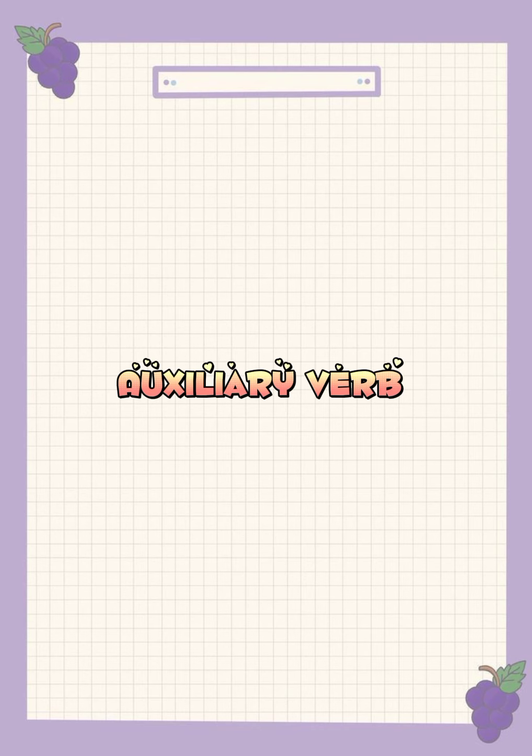Now, if there is an auxiliary verb, a helping verb in your sentence, like do or does in the present simple, or am, is, are, was, were in the continuous tenses, or have or has in the perfect tenses, then you need to think about your subject-verb agreement, because the auxiliary verb becomes the agreeing verb, the verb that agrees with the subject.